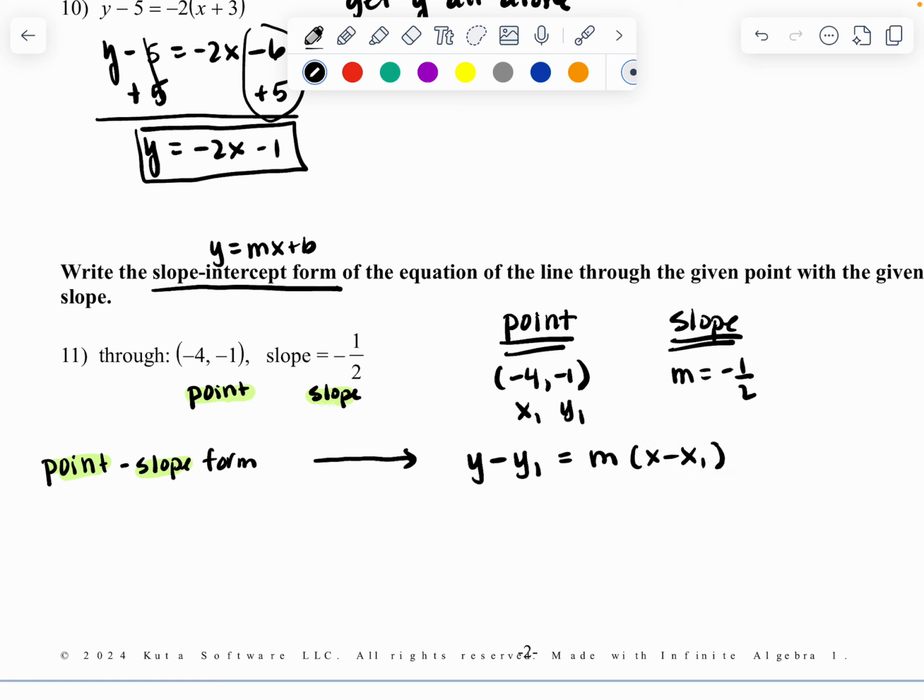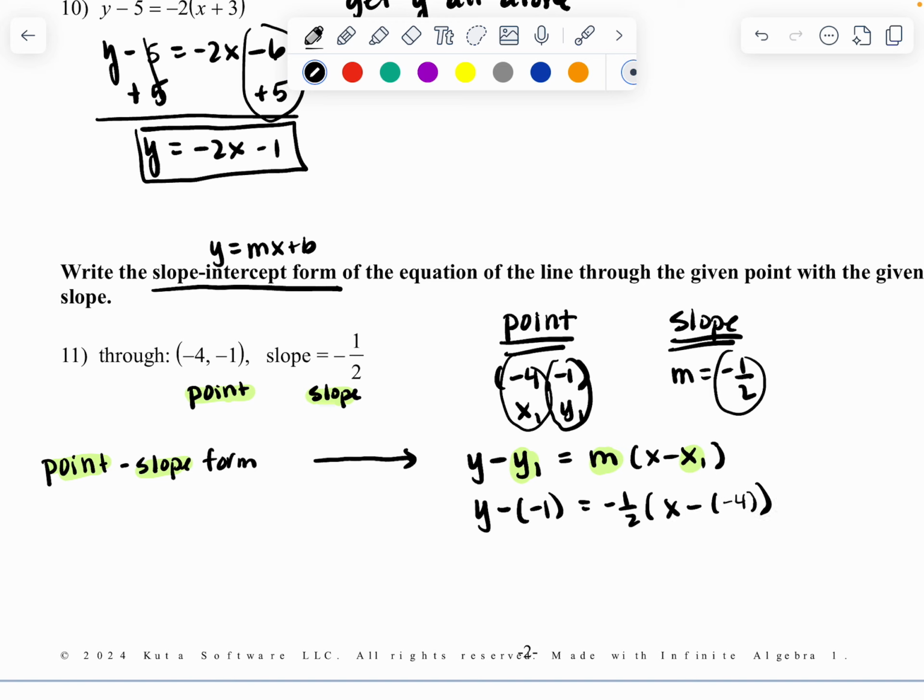And all you have to do is just replace the y1, the m, and the x1, and then just make it pretty, okay? So let's do it. This is y minus, your y1 is -1. Notice the double negative. The m is -1/2. And then x minus, and the x1 is this -4.